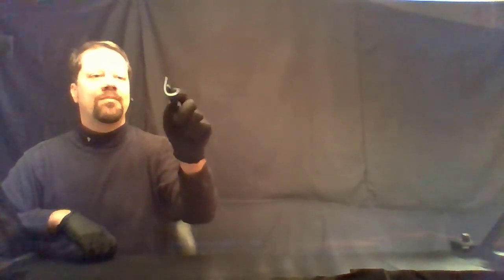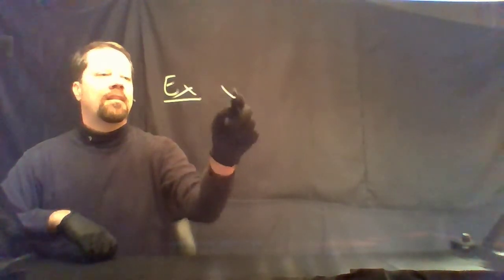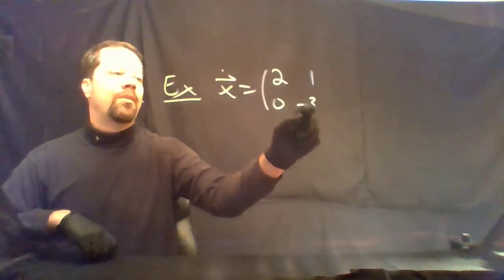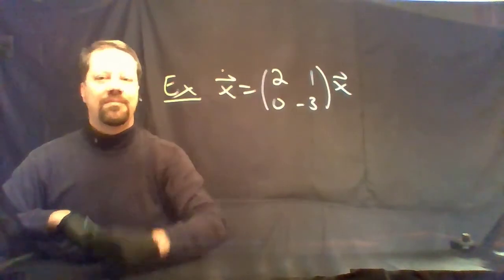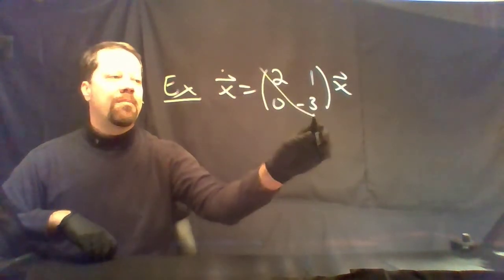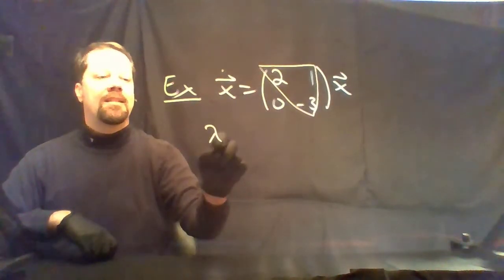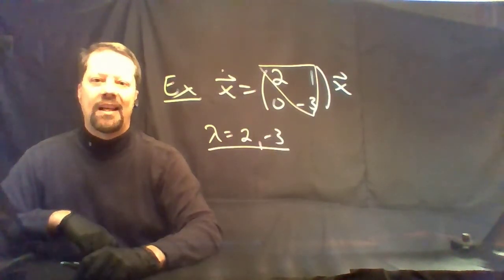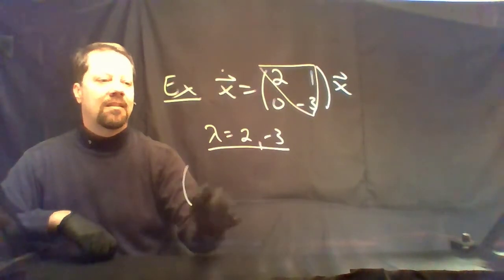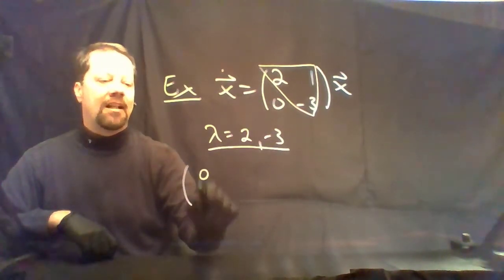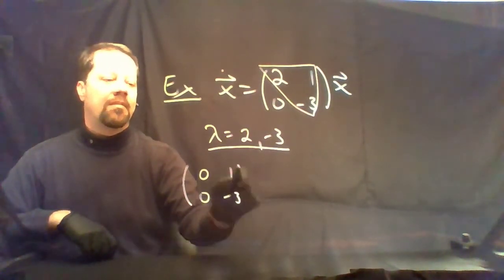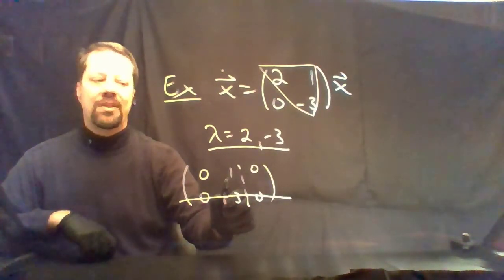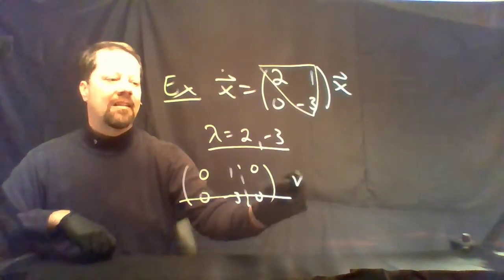For example, let's look at x dot equals 2, 1, 0, negative 3 x. Since the coefficient matrix is upper triangular, we can see that the eigenvalues are 2 and negative 3 right away. Subtracting 2 from the diagonal elements, we see that the y-coordinate has to be 0 and the x-coordinate can be anything.